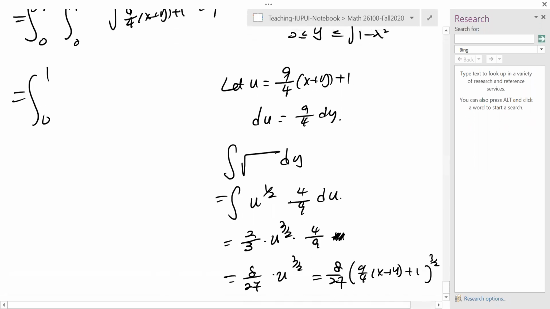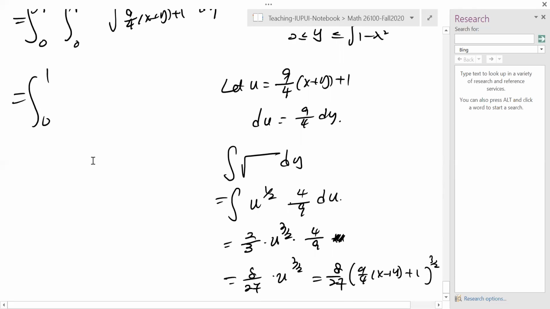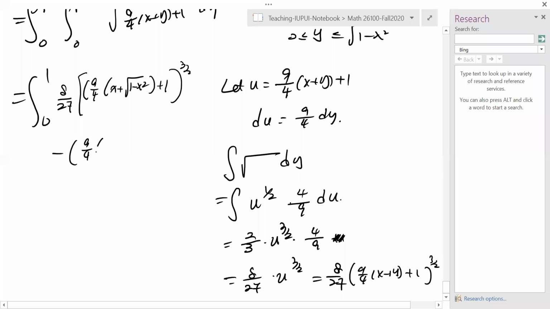When you take the difference, you replace y by the above number, so you end up with 8/27 times 9/4 x plus x squared plus 1 to the 3/2, minus 9/4 x plus 0 plus 1.